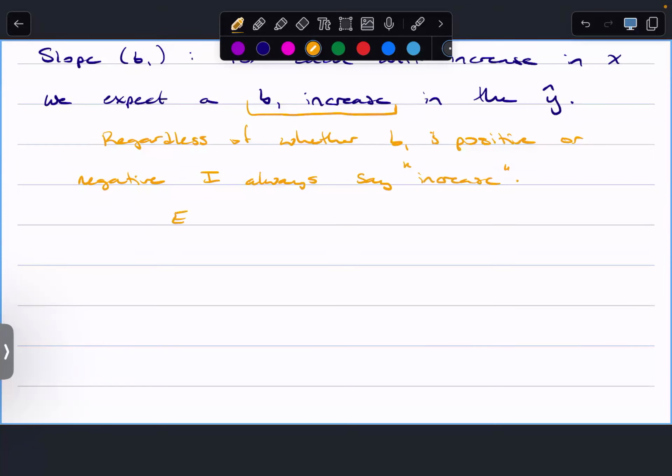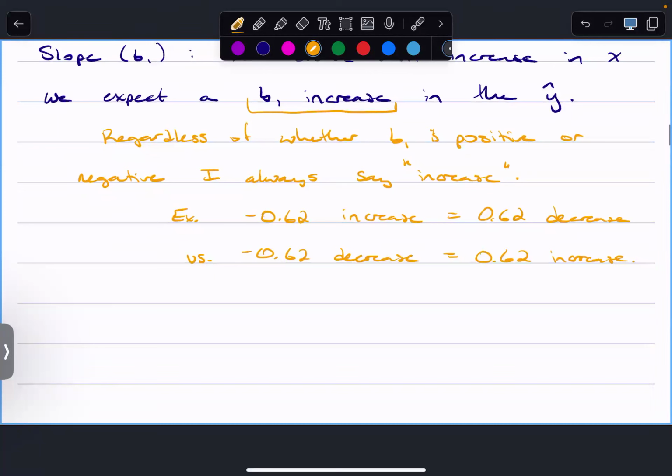So just as an example, a negative 0.62 increase is a 0.62 decrease, versus a negative 0.62 decrease is a 0.62 increase. Barf. So don't get stuck down that rabbit hole. Just always say increase, even if it sounds a little bit wonky. Okay. So if you just say a B1 increase, that's always going to be safe. As long as you keep the sign on there, of course.